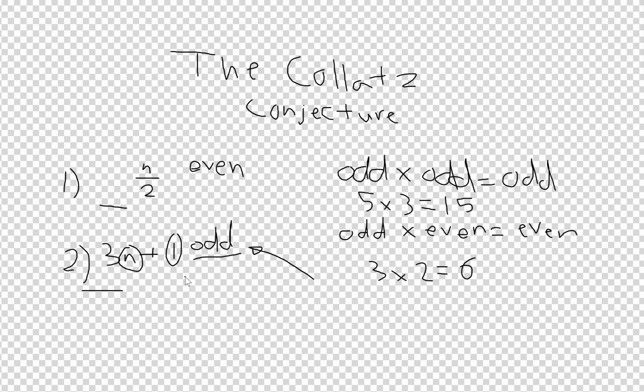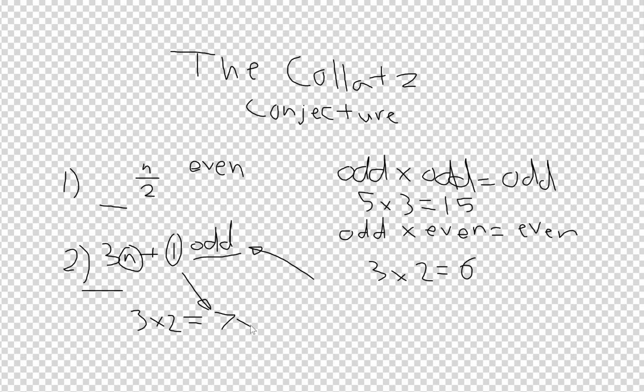For example, if you have a 2 for n, 3 times 2 is 6, and then plus 1, so 7. And since you have an odd number, this process repeats.